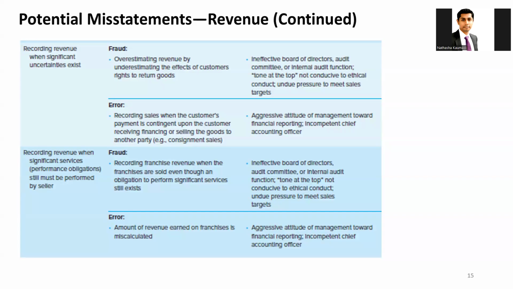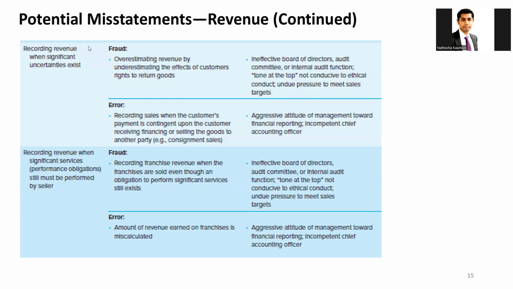There can be errors as well. Recording sales when the customer's payment is contingent upon the customer receiving financing or selling the goods to another party. That means you know that once this customer has received the goods, the customer will again sell the goods to another party, and based on that sale, your payment will be received.